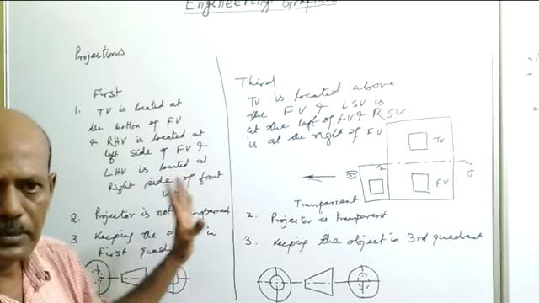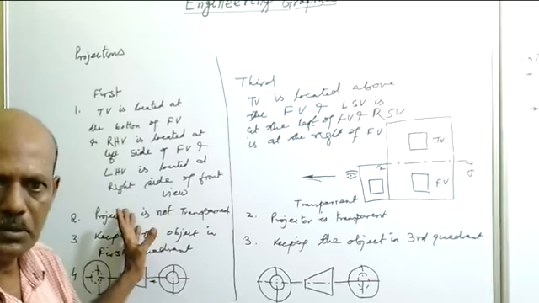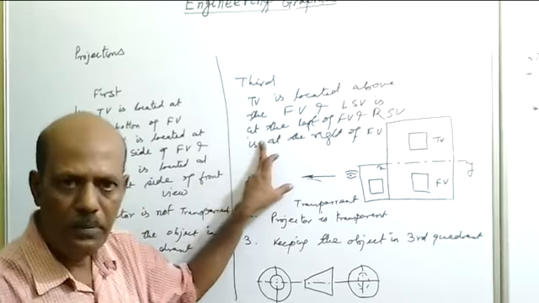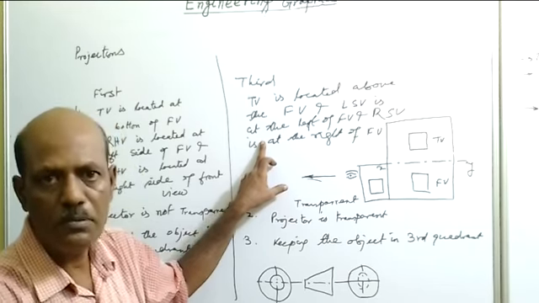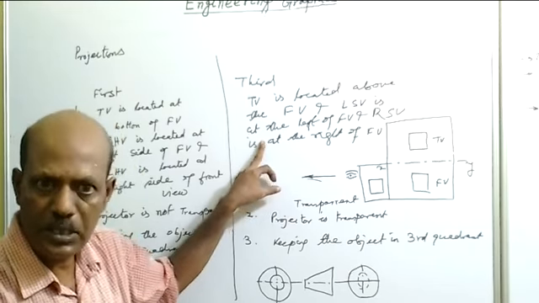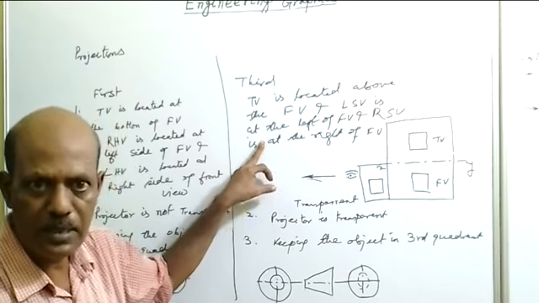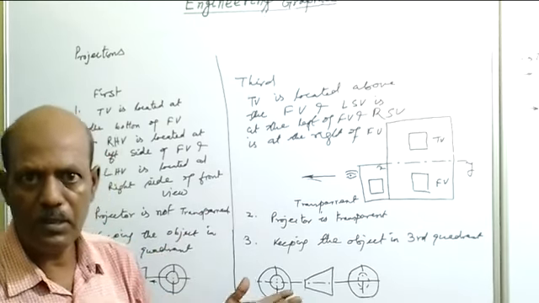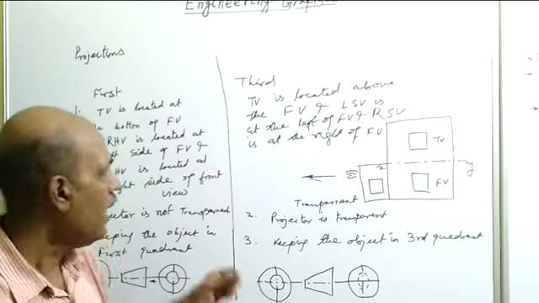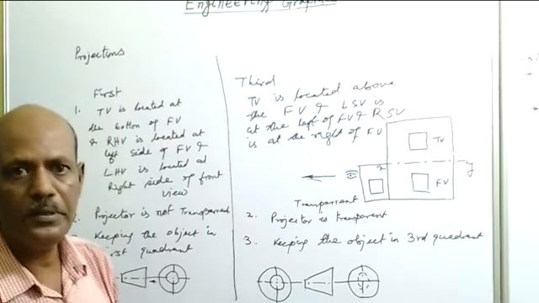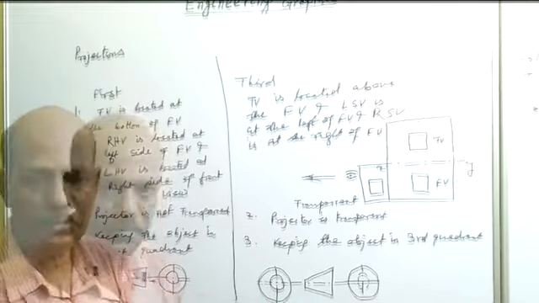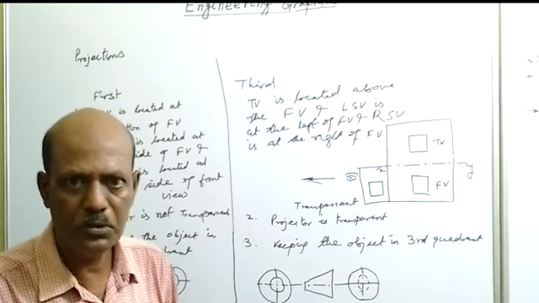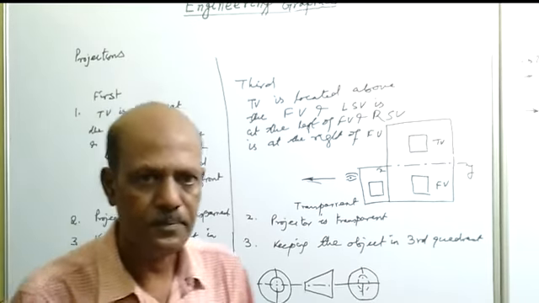So only first angle and third angle projection are used. In India, only first angle projection is used because the Bureau of Indian Standards, the standardization organization, specifies that drawings be made using only first angle projection. And in America, the third angle projection method is used for drawing the projections.